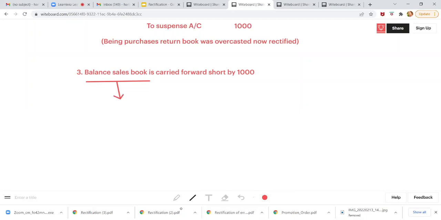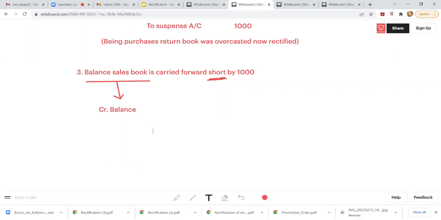As we know, the balance of the sales book is a credit balance, right? Yes. So the sales book balance is a credit balance. Here you can see that there is some shortage in the amount of sales book. So to correct this error, we will add some more amount in the sales book so that the error will be rectified.